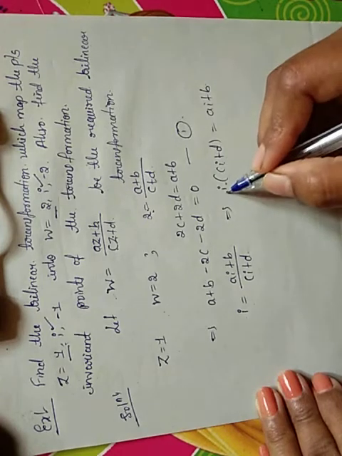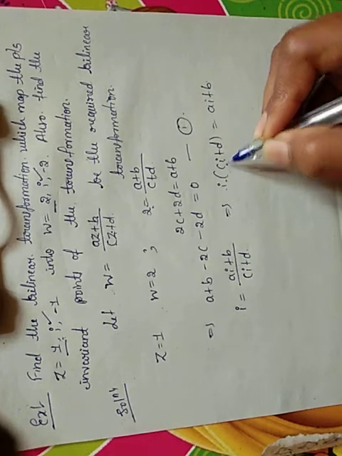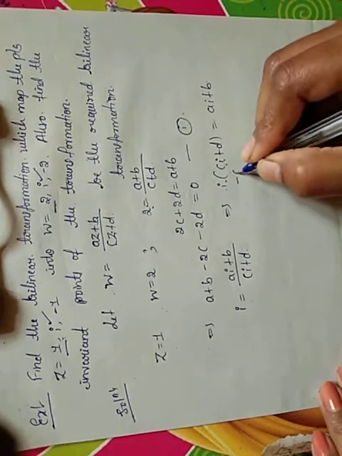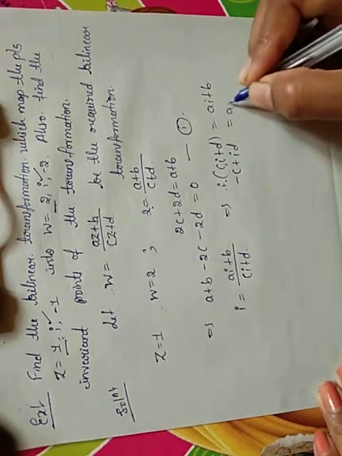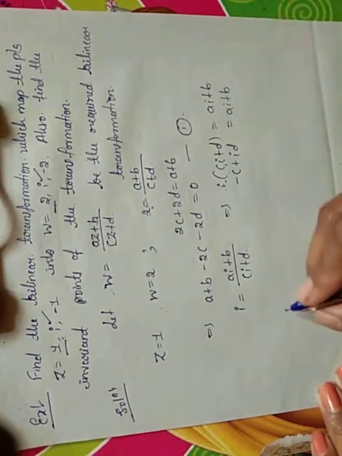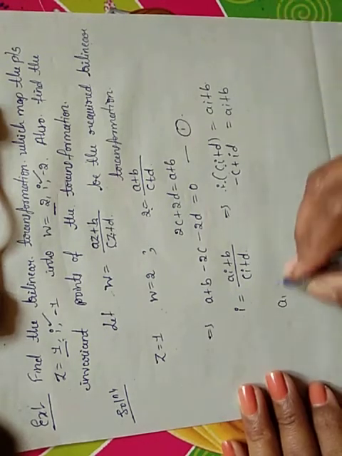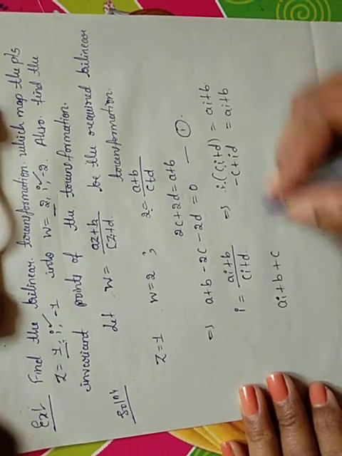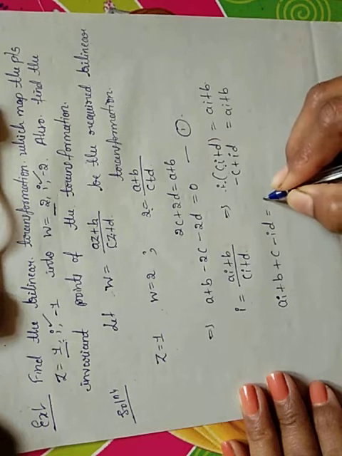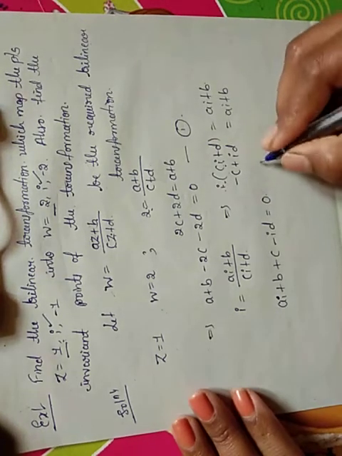Open the bracket: i into ci is i square c, and i square is equal to minus 1, so minus c plus id equals ai plus b. Take all terms onto one side, either the LHS or the RHS. I am taking all these terms onto this side: a i plus b minus c minus id equal to 0. Call this equation 2.